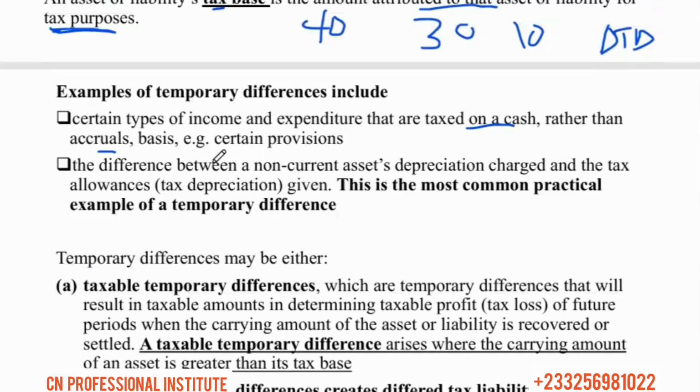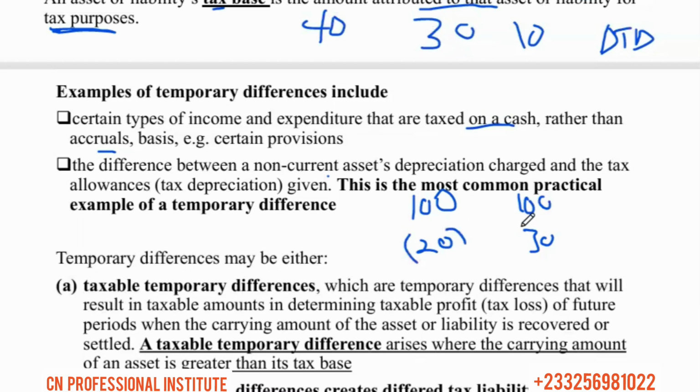So we are looking at what creates temporary difference. One is the difference between depreciation and capital allowance. That's what creates temporary difference. Because if an entity buys an asset at 100,000, and depreciation is 20 and capital allowance is 30, with the same asset, are you following?